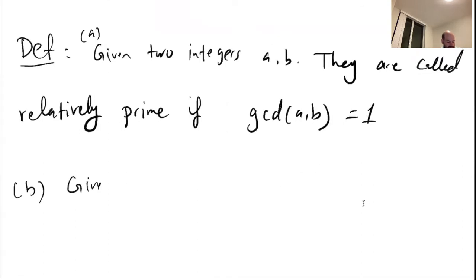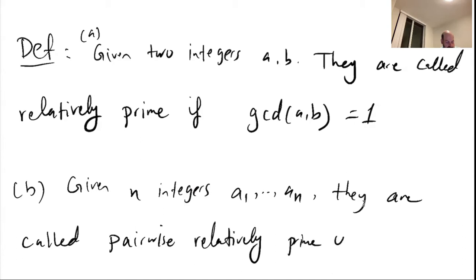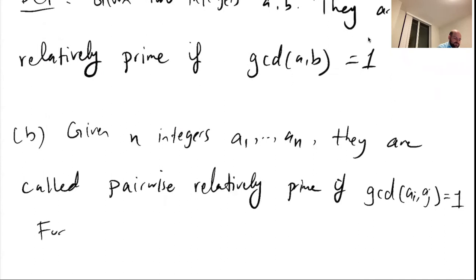Part B: given n integers A1 to AN, they are called pairwise relatively prime if the GCD of any two of them, any two distinct numbers, is 1, for I and J between 1 and N, and of course I not equal to J, right?